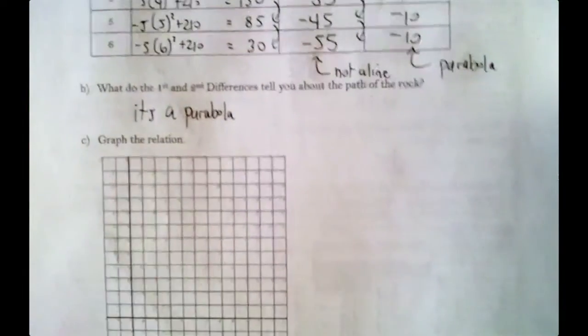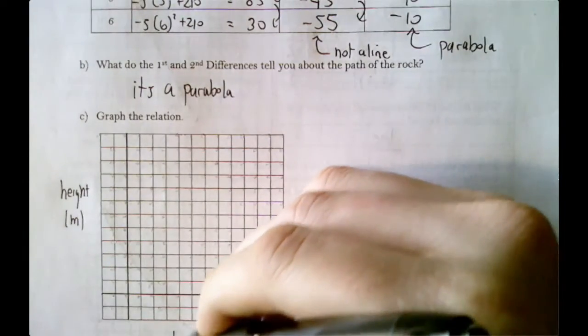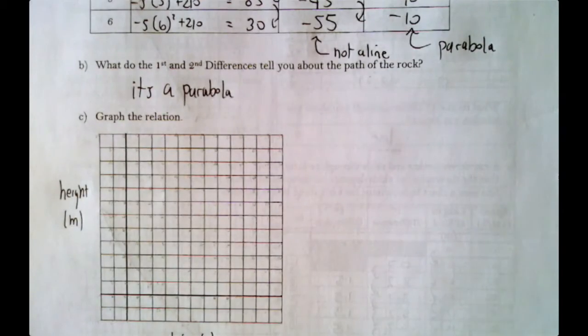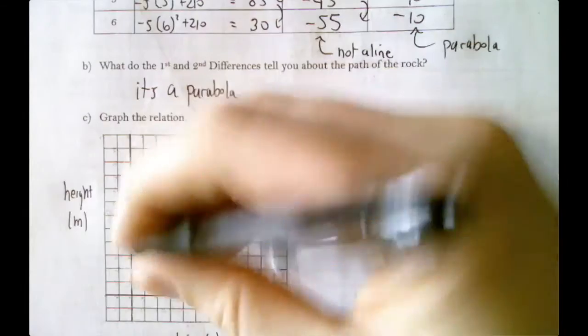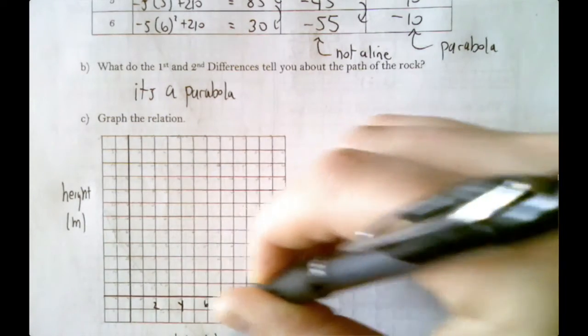All right, let's try to graph this path. We're going to put heights on the y-axis and time on the x's. For times, we can go up by ones: 2, 4, 6, 8, 10.